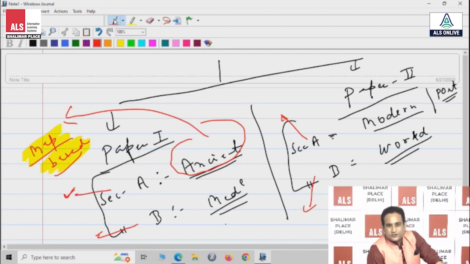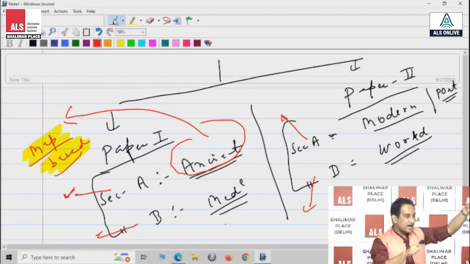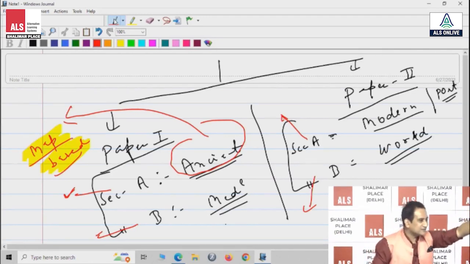UPSC will give you a map. They will mark 1, 2, 3, 4. You don't have to mark. They will mark 1 and write, it's an Indus Valley site. You have to recognize this Indus Valley site in Gujarat as Lothal or any other site.